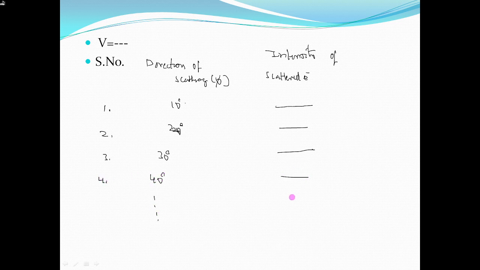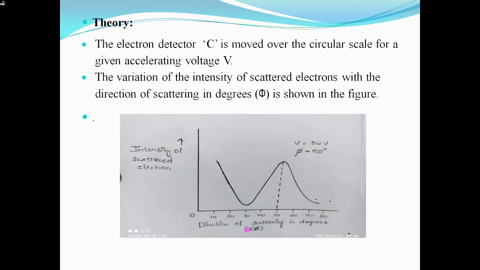Like this, they did the experiment for different voltages and plotted a graph between the direction of scattering, phi, and the intensity of scattered electrons.